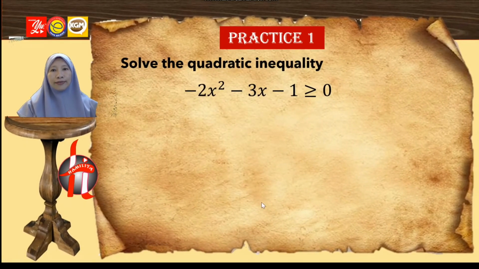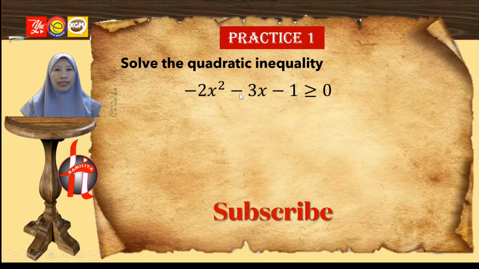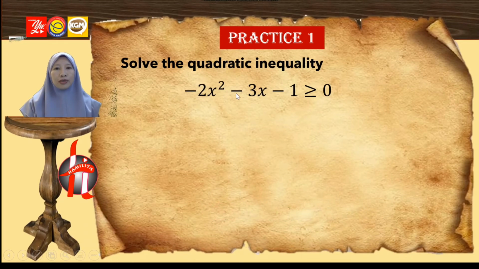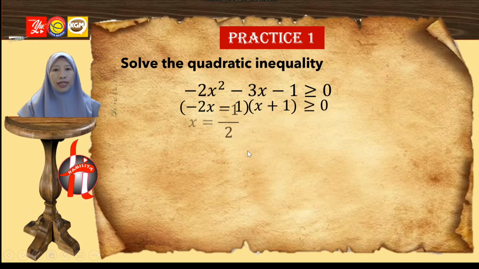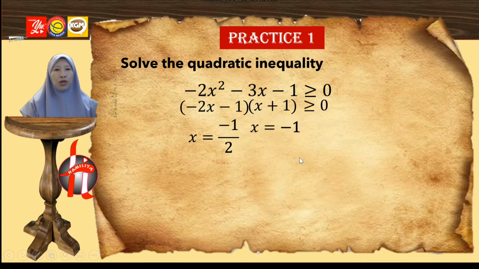Let's look at practice number 1. Here we have negative 2x squared minus 3x minus 1 is greater than or equal to 0. What must we do? Since it's already arranged in general form, we can straight away factorize the inequality and get the roots x equals negative half and x equals negative 1.